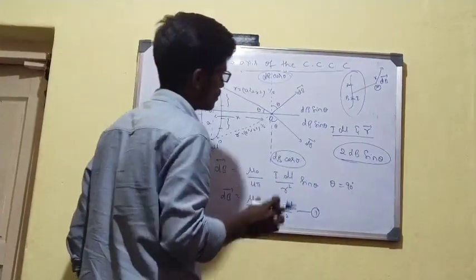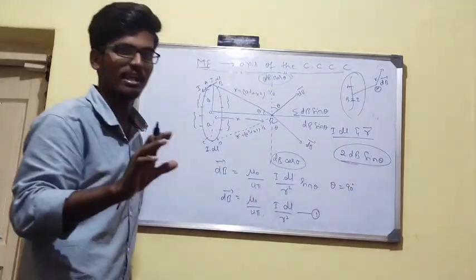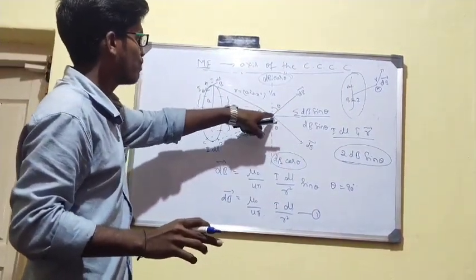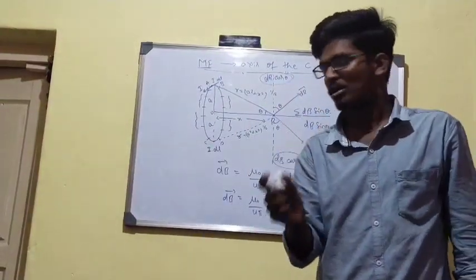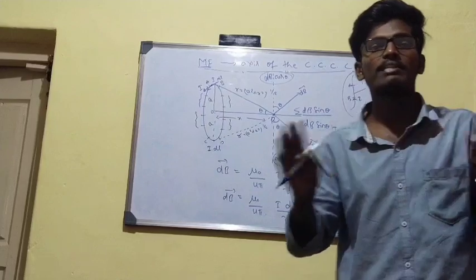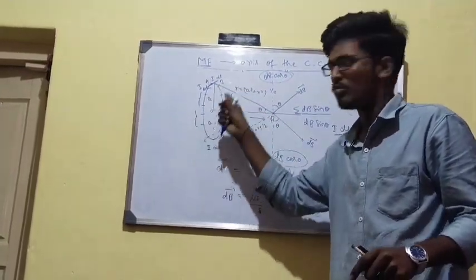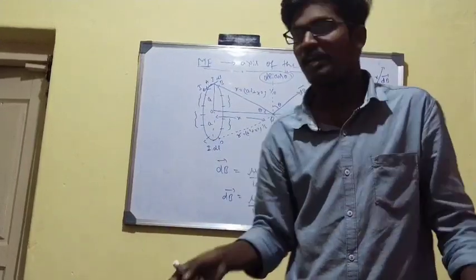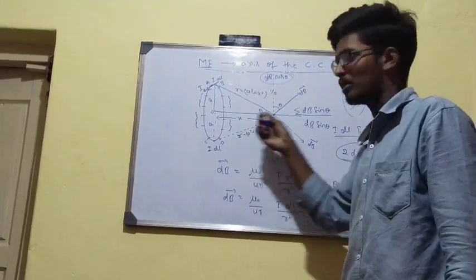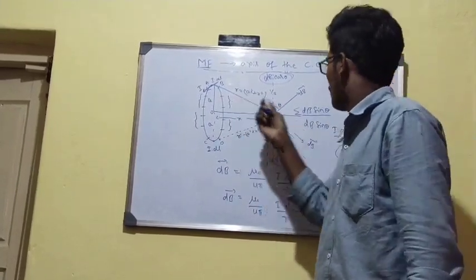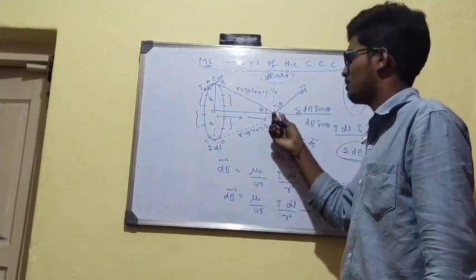So when I make the summation of dB sin theta, I will get the resultant magnetic field at this point P because of the entire circular coil, since the dB cos theta of all dl elements is cancelled out, and the dB sin theta, which is in the horizontal direction, adds up.